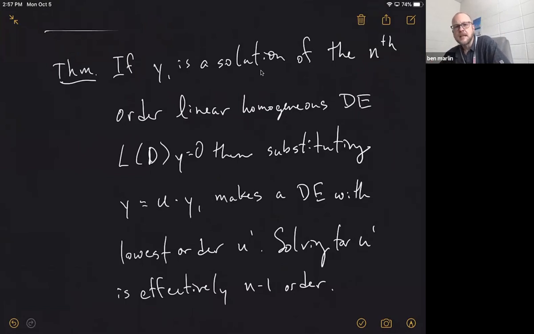So you substitute that in, and it's going to effectively make it a lower degree equation, because now all of the plain u's will end up canceling out, and you'll be able to solve for something that has u primes in it. So you just let v equal u prime, and v prime will be u double prime, and so forth. And so it makes it one degree lower.